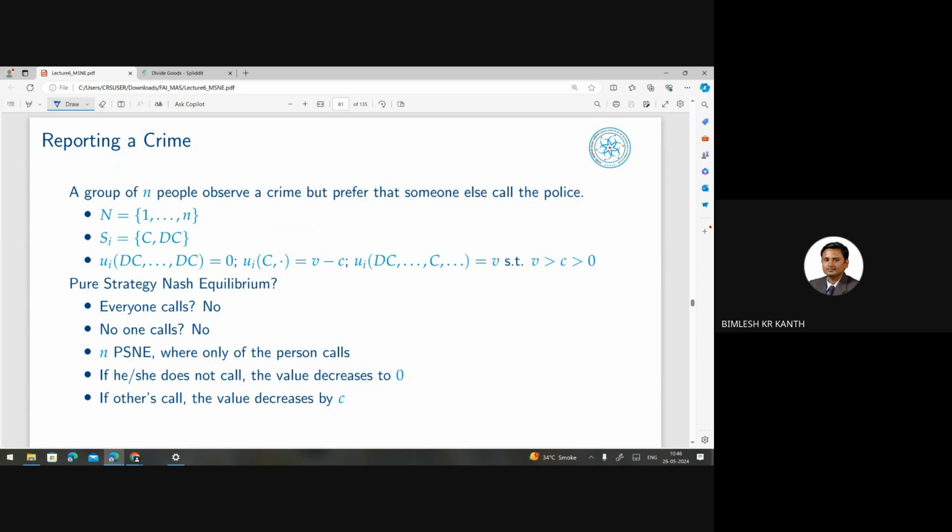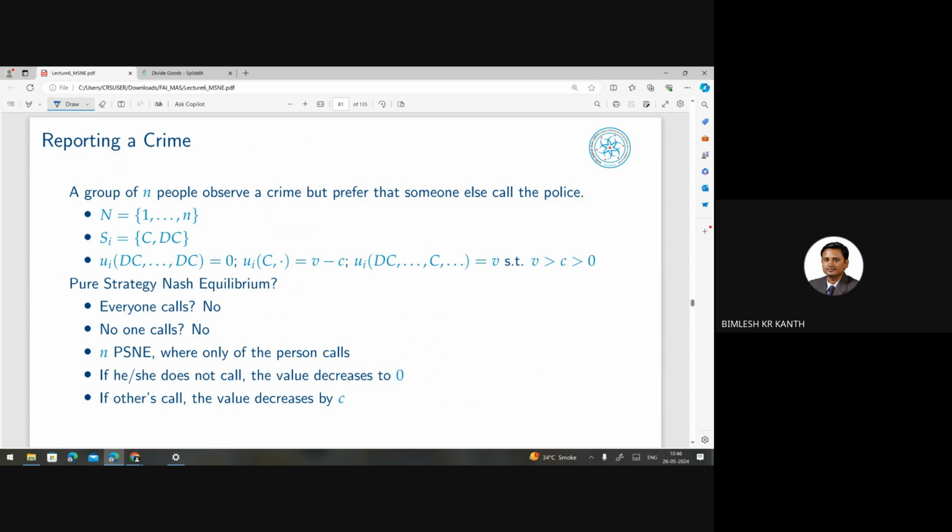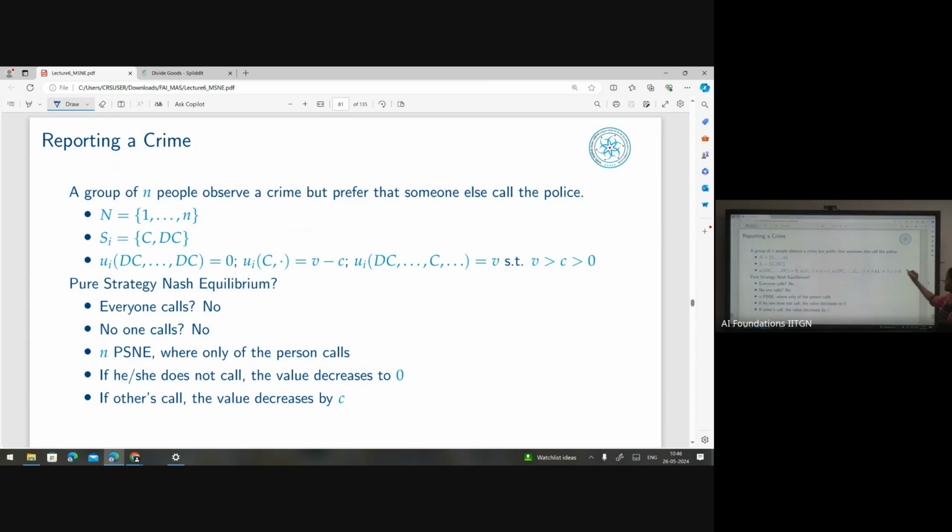Now what is this u_i? Everybody not calling gives 0. This u_i is for a particular person: u_i is for i. So if everybody is not calling the police, the value for any person will be 0. For all the i's, it will be 0 because the police is not informed.